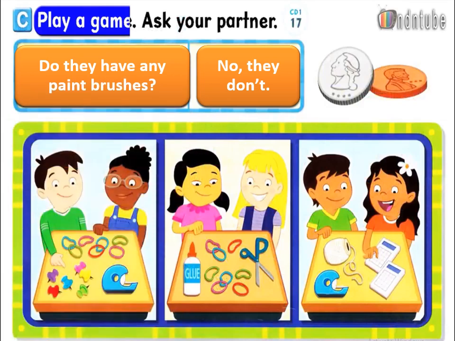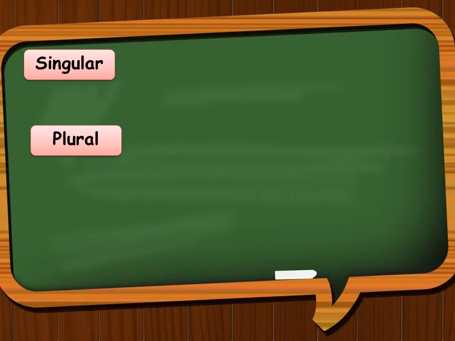Next, do they have any paintbrushes? Answer is no, they don't. Next, do they have any calculators? Answer is yes, they do. So remember these following things.